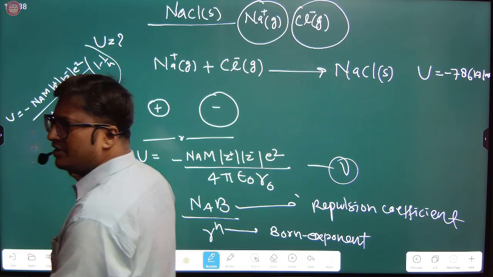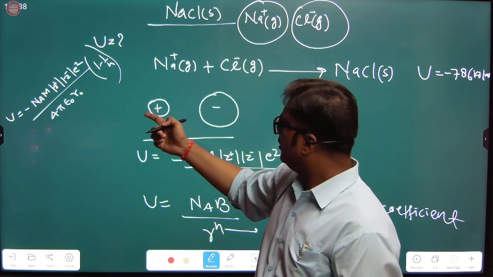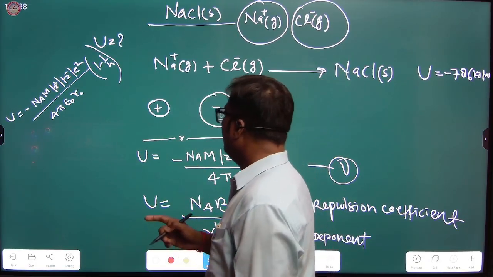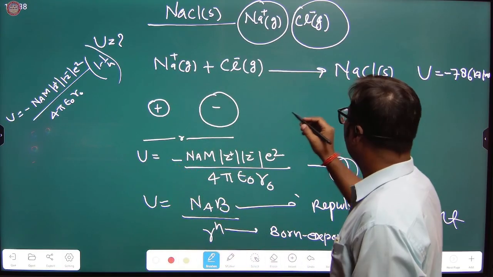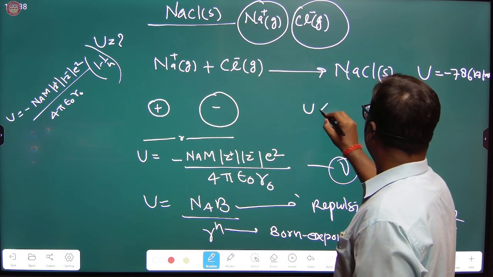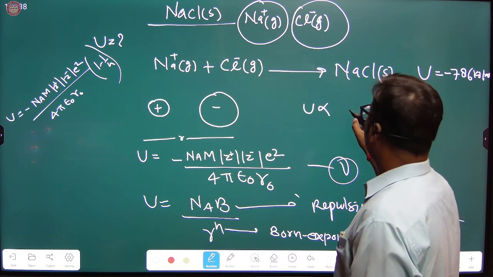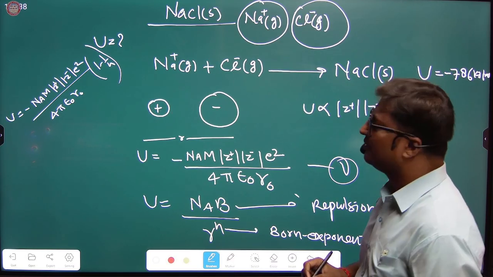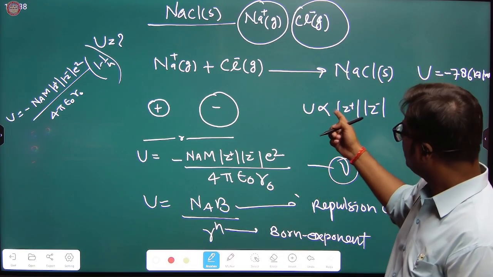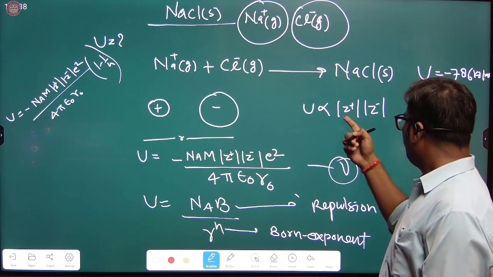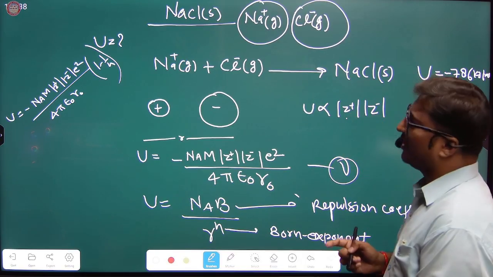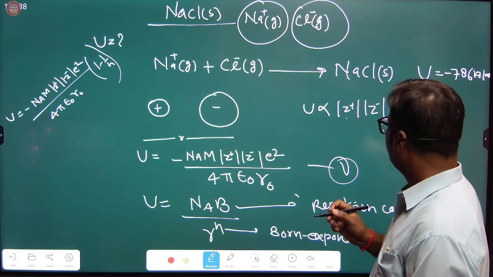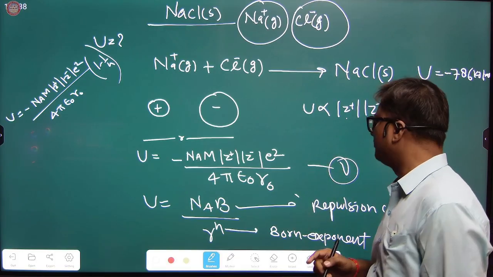From this equation, you can easily justify that U is directly proportional to Z plus Z minus, right? So lattice energy is directly proportional to the product of Z plus and Z minus. It means the larger the charges on ionic solids, the higher the lattice energy, right?